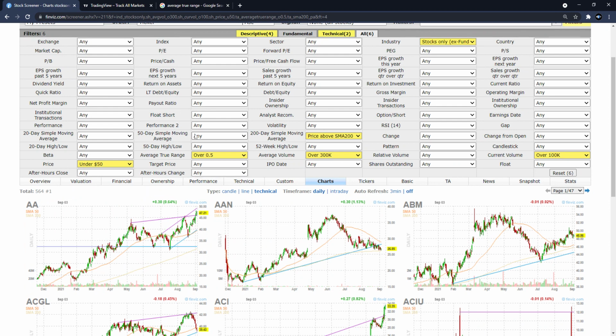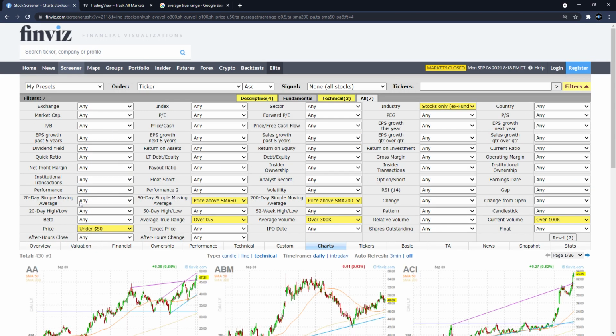The next thing that I really want to do is the 50-day simple moving average. I always try to have the SMA 50 above the SMA 200, or the price above the SMA 50. And what I'm going to be looking for right here is the price to be above the SMA 20.